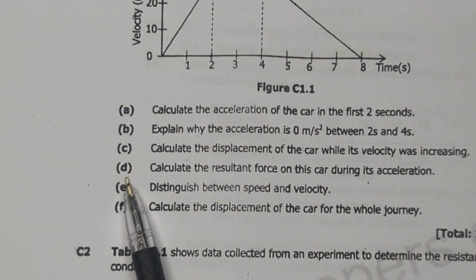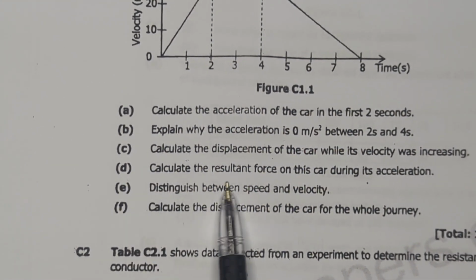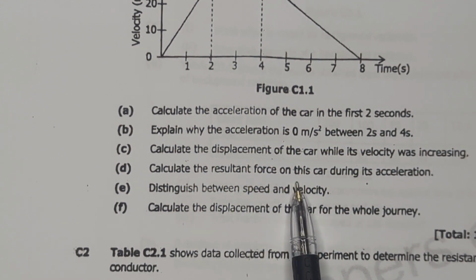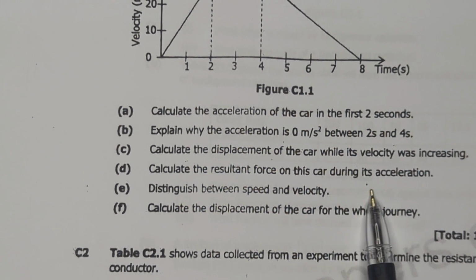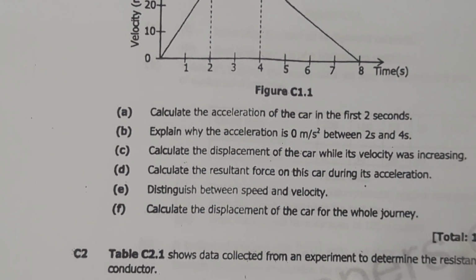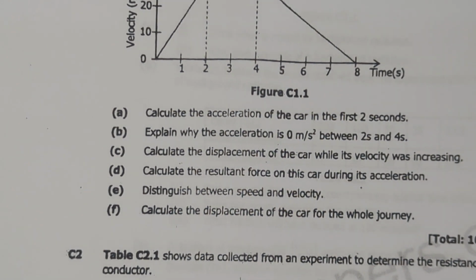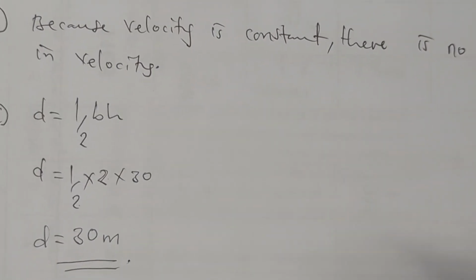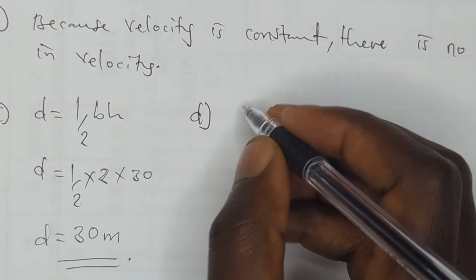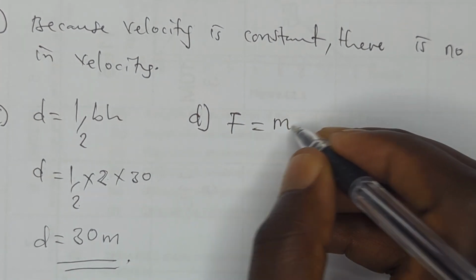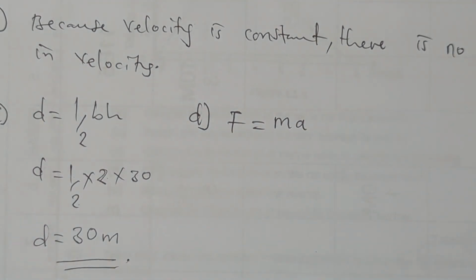So the next question they are saying, calculate the resultant force on this car during its acceleration. To calculate the resultant force, this is question D. Question D, the resultant force is given by F is equal to mass multiplied by acceleration.